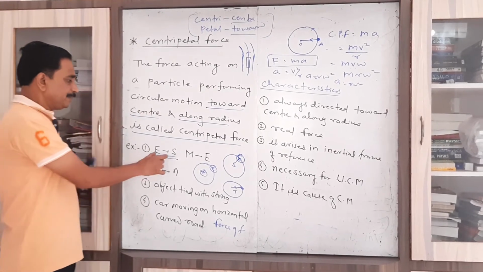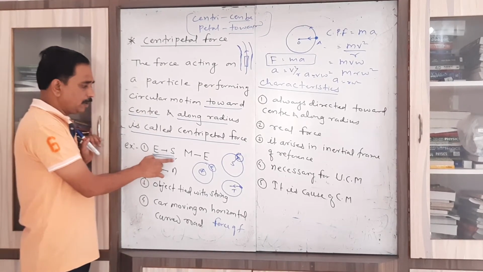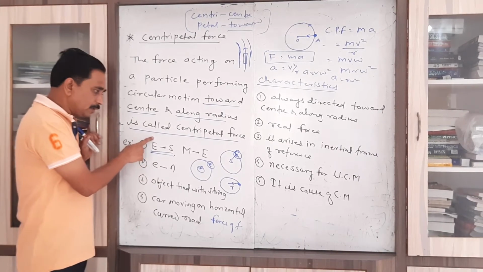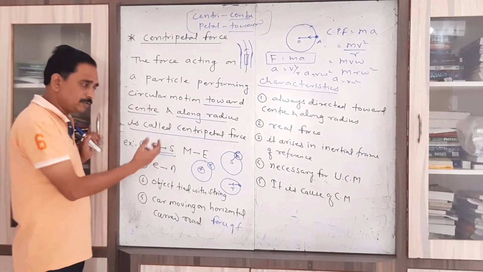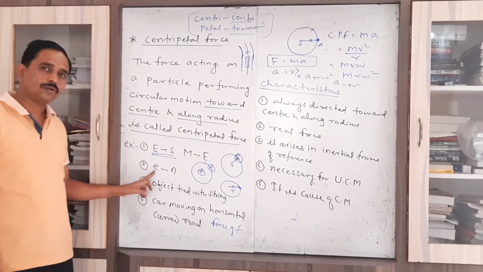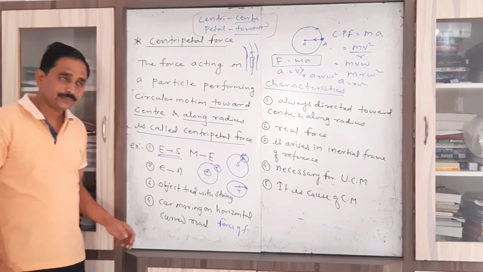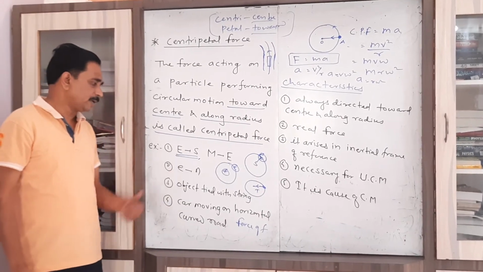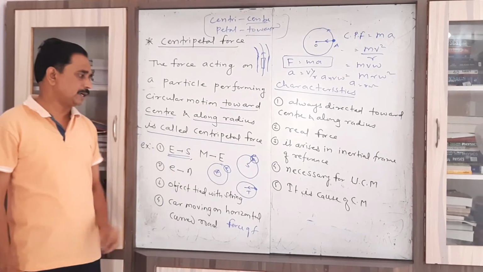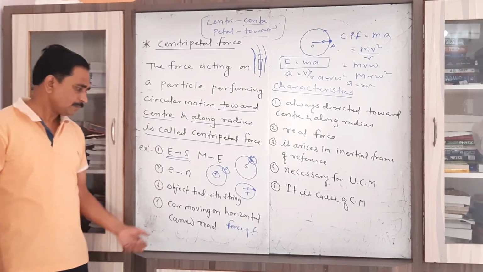Let us repeat again. As the Earth revolves around the Sun, for the circular motion of Earth, the necessary centripetal force is given by the gravitational force of attraction. As the electron revolves around the nucleus, the necessary centripetal force for its circular motion is given by the electrostatic force of attraction.